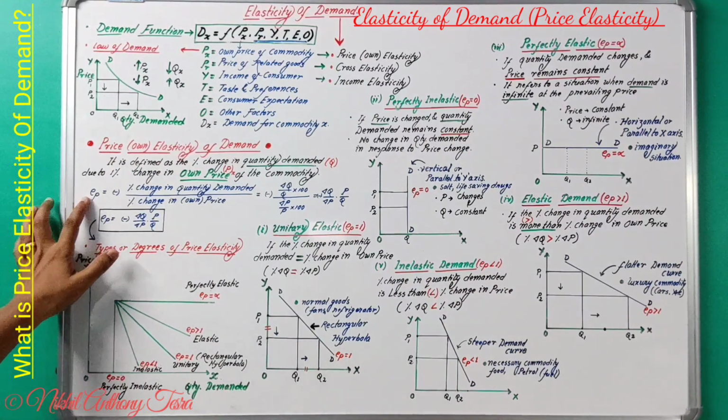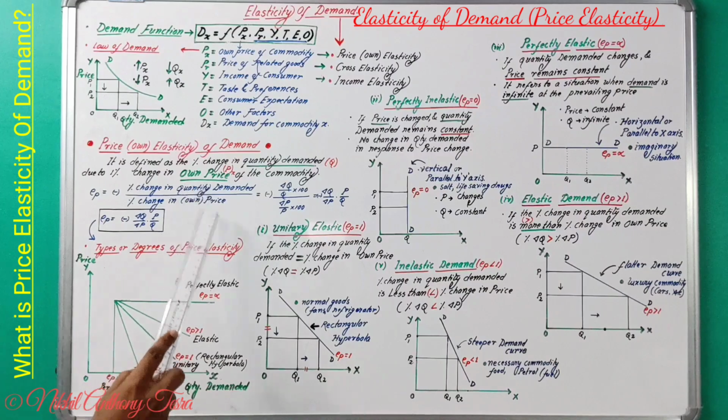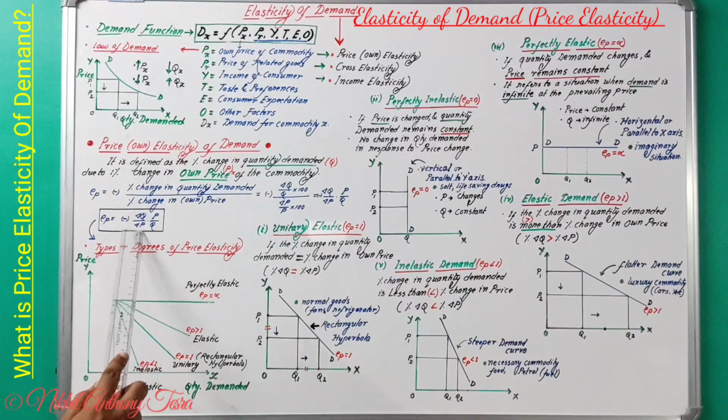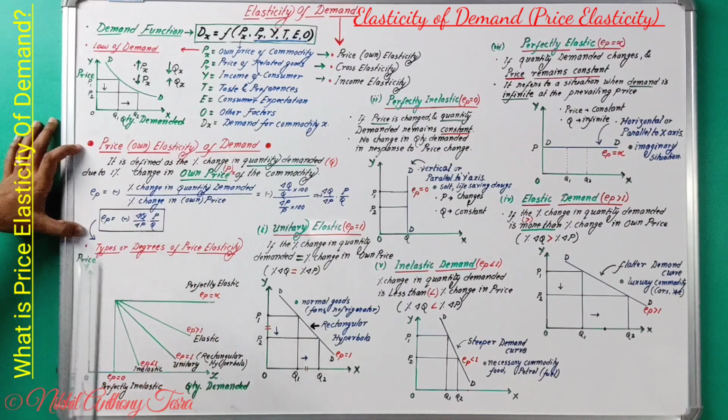EP is elasticity of price. So EP equals percentage change in quantity demanded divided by percentage change in own price. So EP is minus, in bracket, delta Q by delta P into P by Q. Okay friends, so this is the formula of price elasticity of demand.